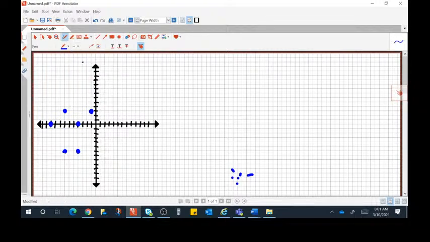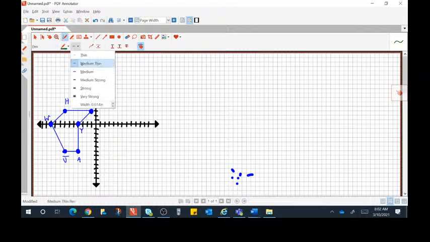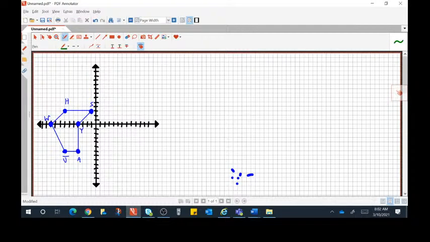And that's going to be J. Back to J. And then we're going to do Nicola over here in green.